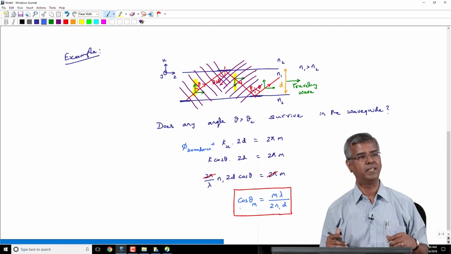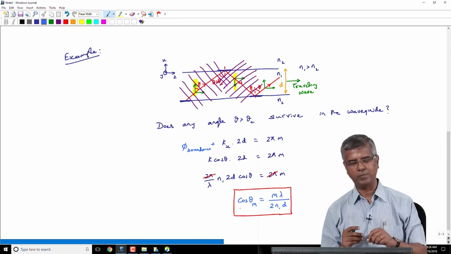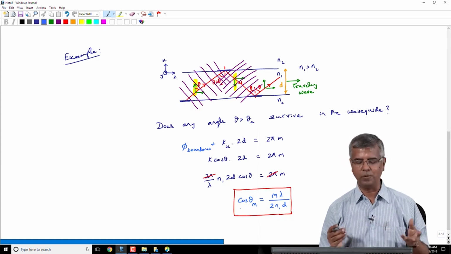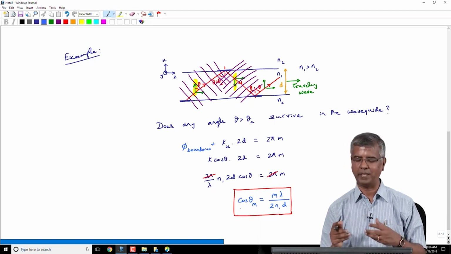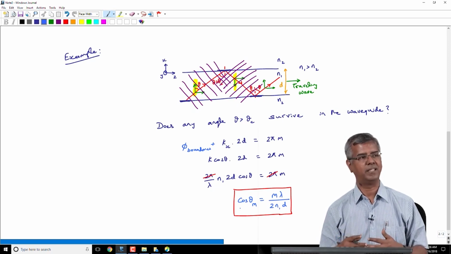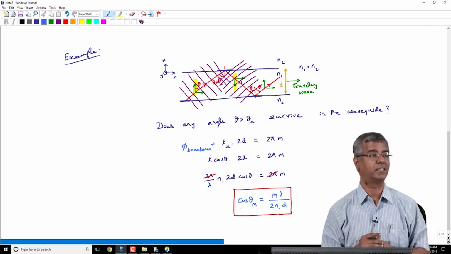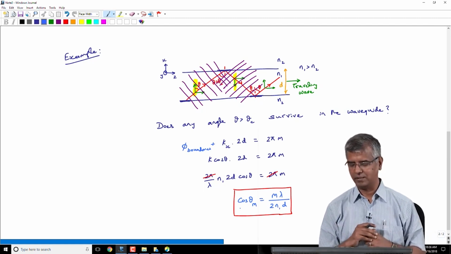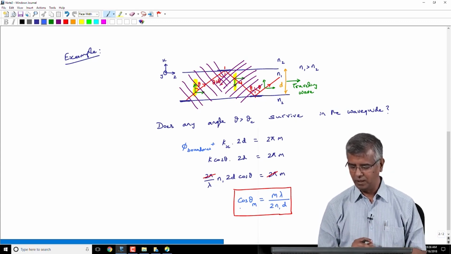But what you will find is only certain angles are supported, and this is something that could be demonstrated. So, we will send red light through this waveguide and we will show that the field configurations corresponding to only specific angles exist within that waveguide, okay. That's actually a beautiful demonstration we will do today, okay.